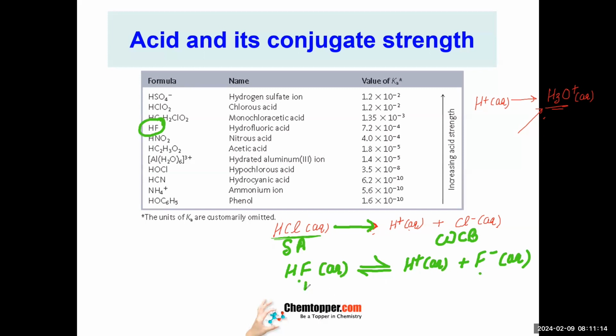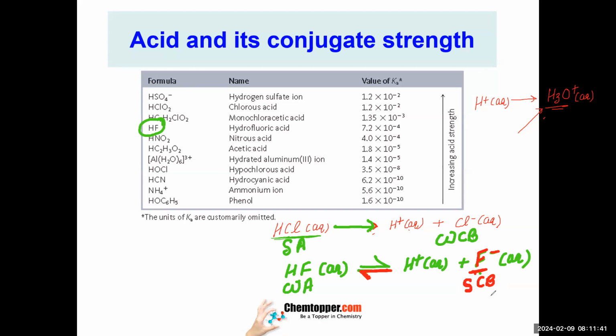If this is the weak acid, what is its conjugate base? This is the conjugate base. Is this conjugate base weak or strong? It's going back also, right? See, there is equilibrium here. Is it strong or weak? This F-. Strong.